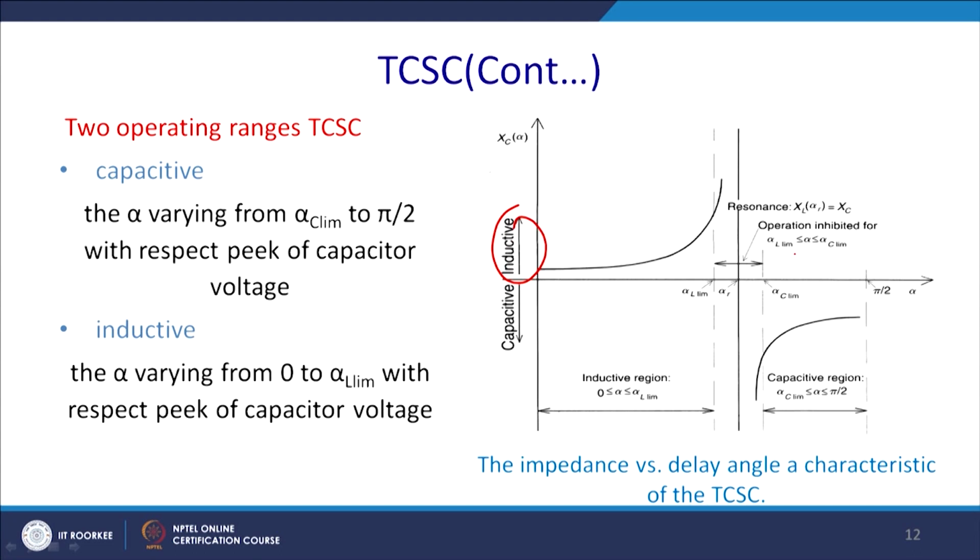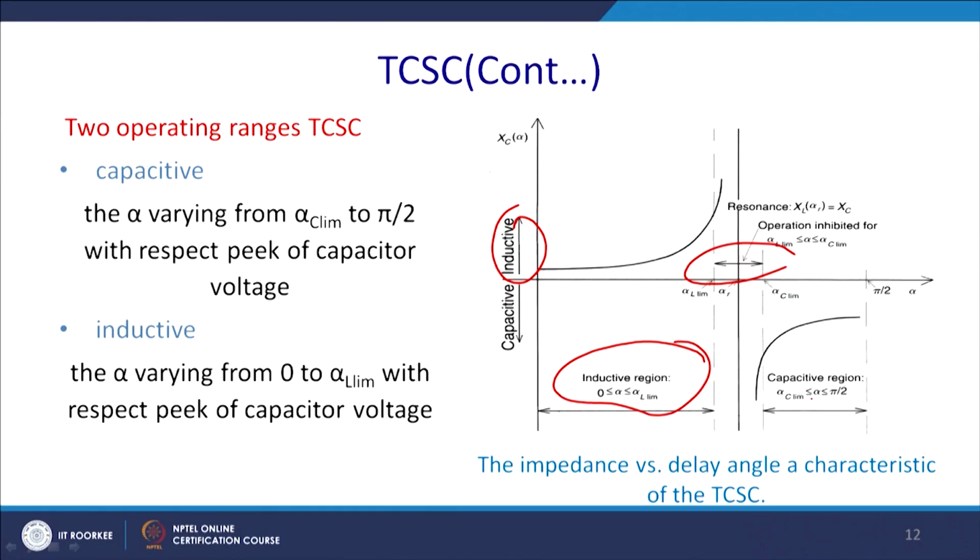And this mode is inductive mode, you can change with the alpha, and here is the region where you can change the triggering angle alpha, equal to 0 to alpha minimum. Similarly, the alpha C limit will change accordingly.